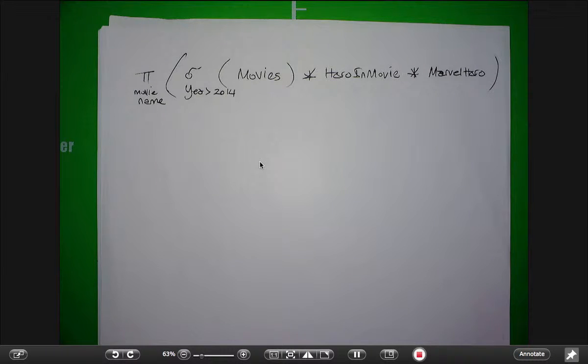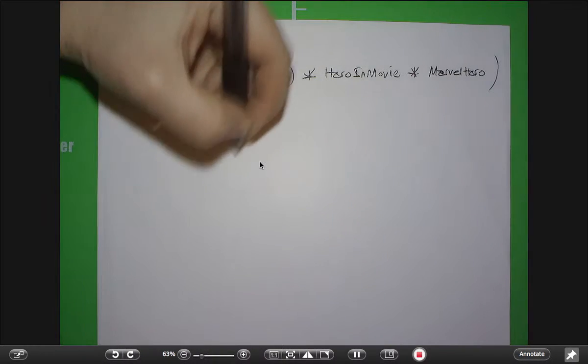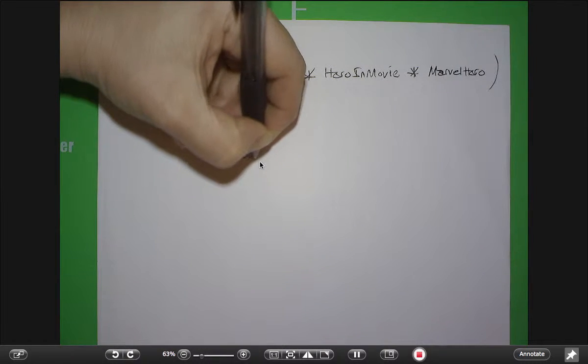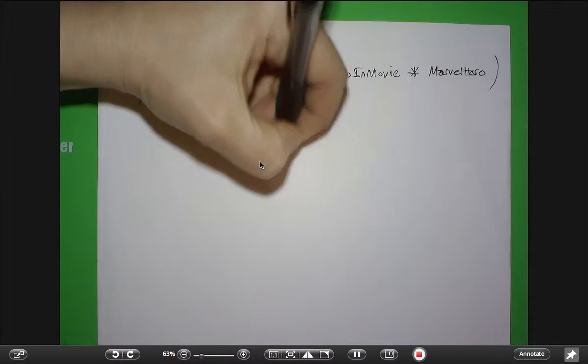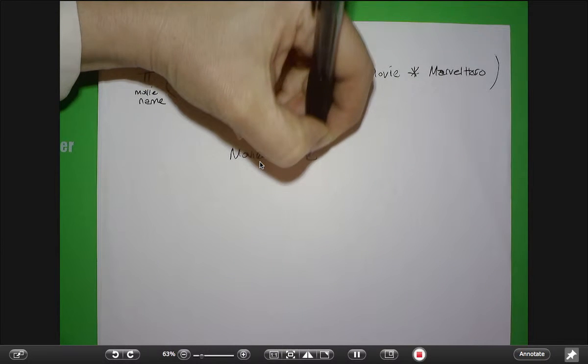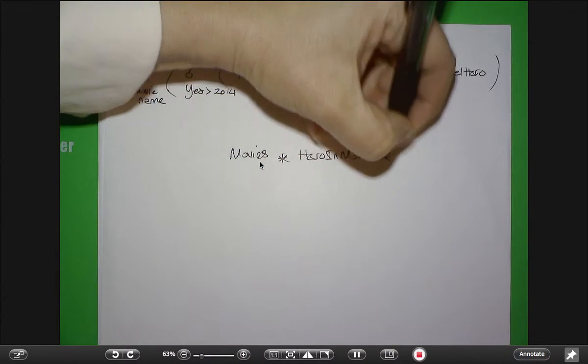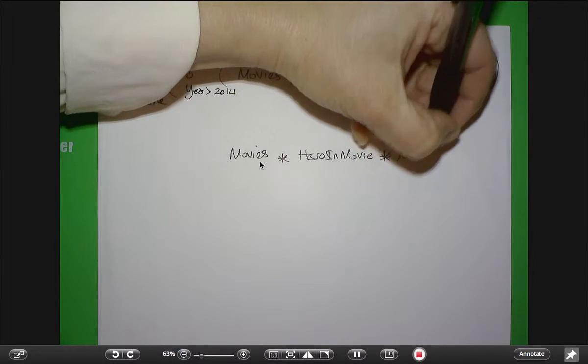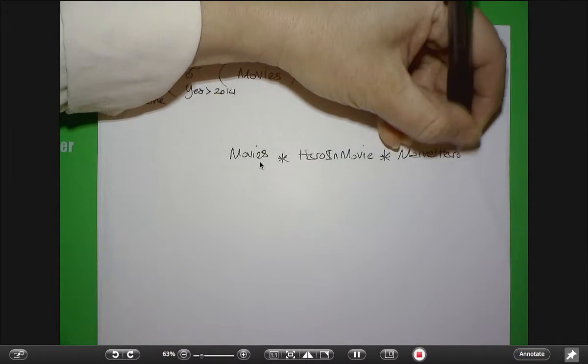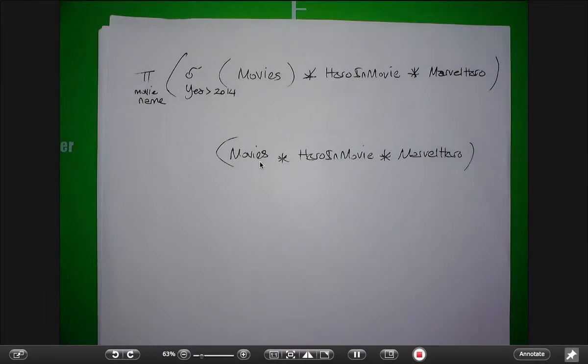Now you could do the same query by doing this. So you can do movies, hero in movie, and Marvel hero, which basically is mapping. So this so far is the relation of all movies that have a Marvel hero in them, right?